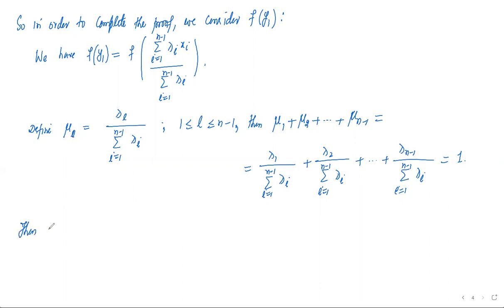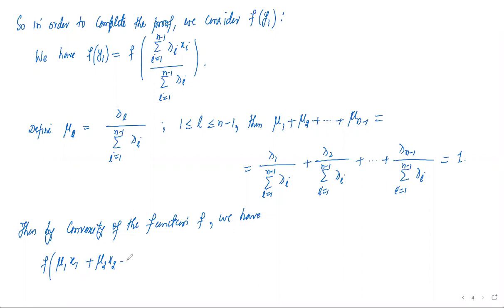So by convexity of the function f, we have f of mu1 x1 plus mu2 x2 plus so on plus mu n minus 1 xn minus 1.